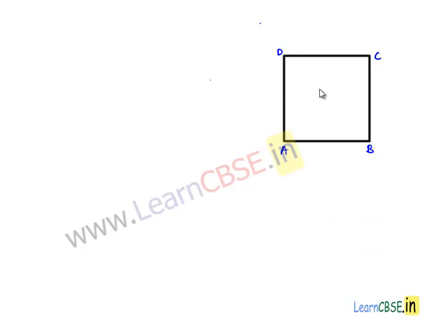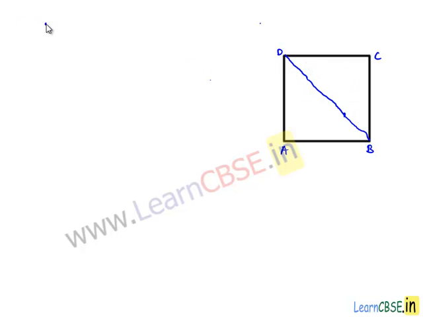He asked us to prove in the second subpart of the proof that BD bisects angle B as well as angle D. So here we are required to prove that angle ABD is equal to angle DBC and angle CDB is equal to angle ADB.